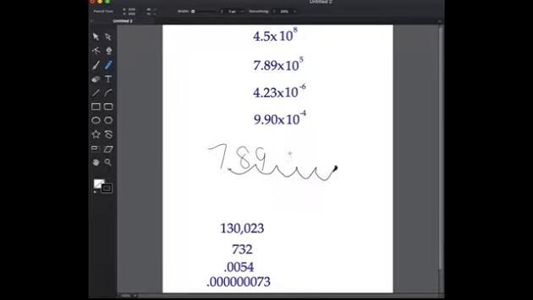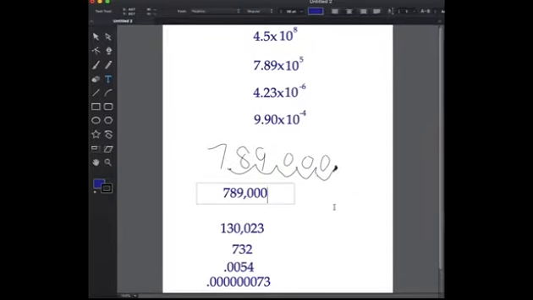We have placeholders. We add a 0 in the empty placeholders. 3 zeros. And this is our new number. We have converted 7.89 times 10 to the 5th power to a number. And the new number is 789 followed by 3 zeros. 789,000.